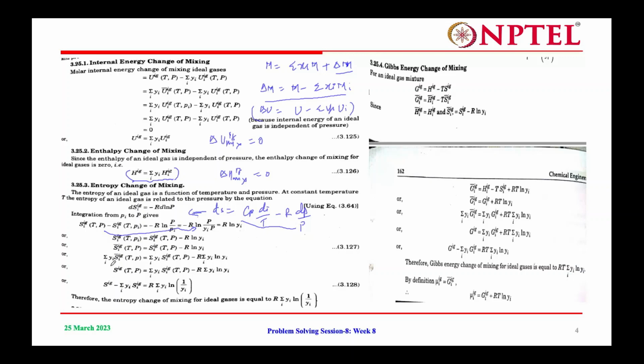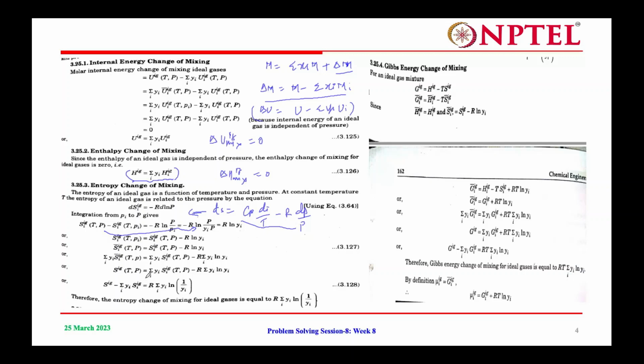Write down in summability relations: summation yi Si^ig bar at T, P equals summation yi Si^ig at T, P minus R summation yi ln yi. So S^ig at T, P is summation of yi Si^ig at temperature and pressure minus R summation yi ln yi.